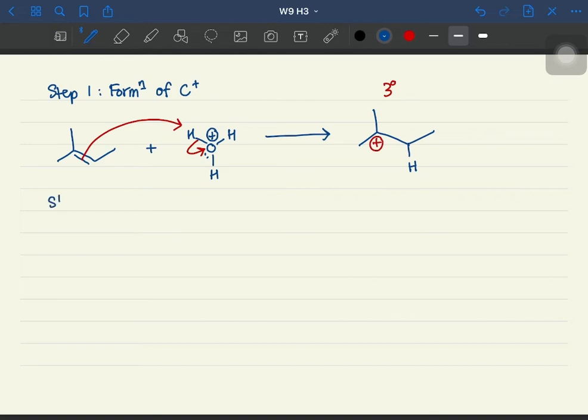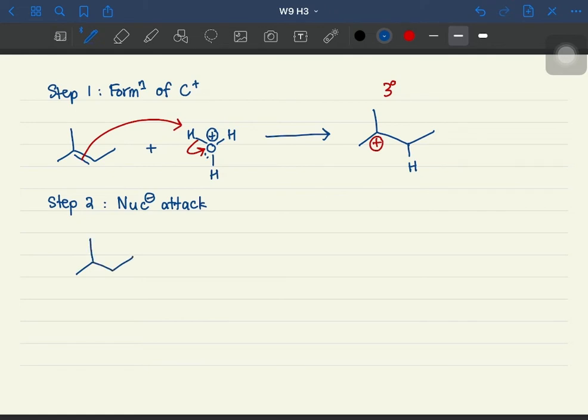For the second step, it will involve the nucleophilic attack. This nucleophilic attack comes from the water, the one that we are going to react with. So we are going to attack this carbocation with the water. So we're going to write the intermediate form. I will write this.